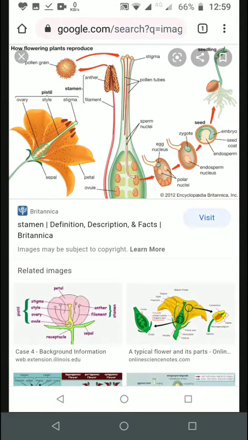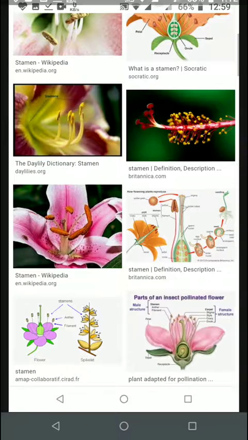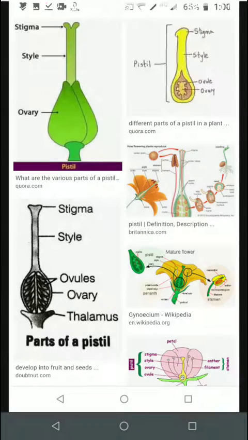Now I am showing you the stamen. The male reproductive part of a plant is known as the stamen. Now see the pistil. The innermost part of a flower is the female reproductive part of the plant.